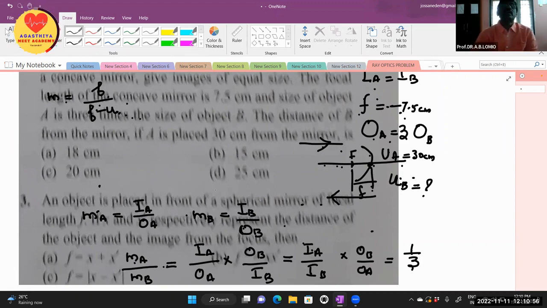This can be expressed as FA and UA for MA. Similarly, MB is FB divided by FB minus UB. Correct?